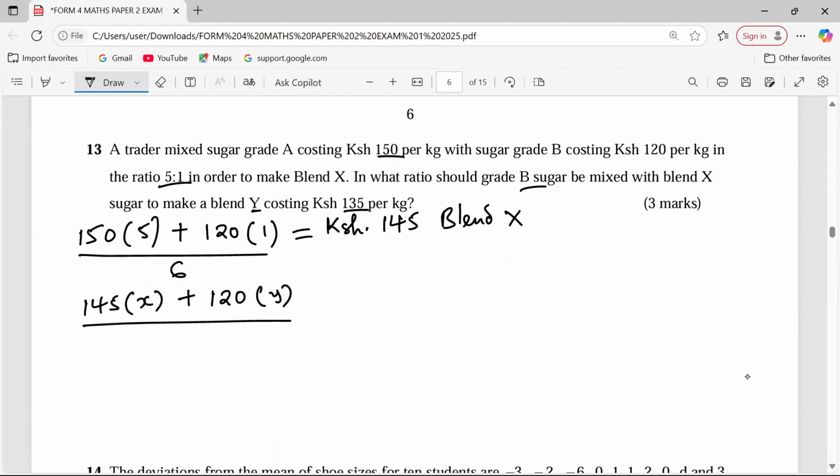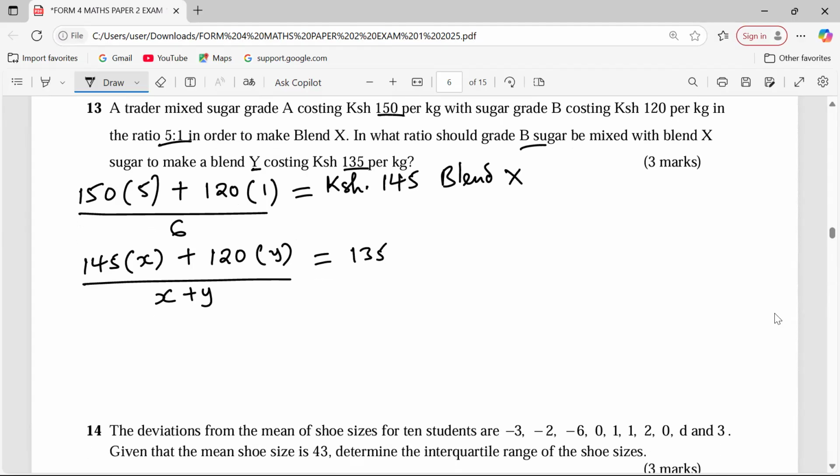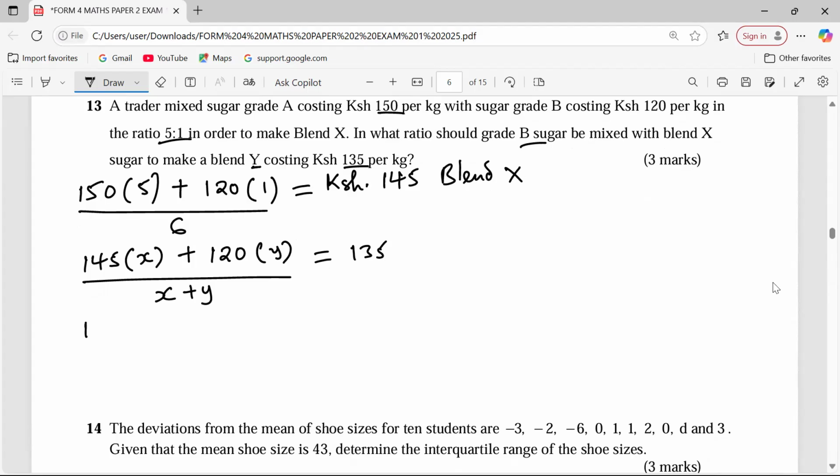Then we should be able to divide this by the number of kilograms involved for us to get 135. So with this, we can talk of 145x plus 120y equals 135x plus 135y.